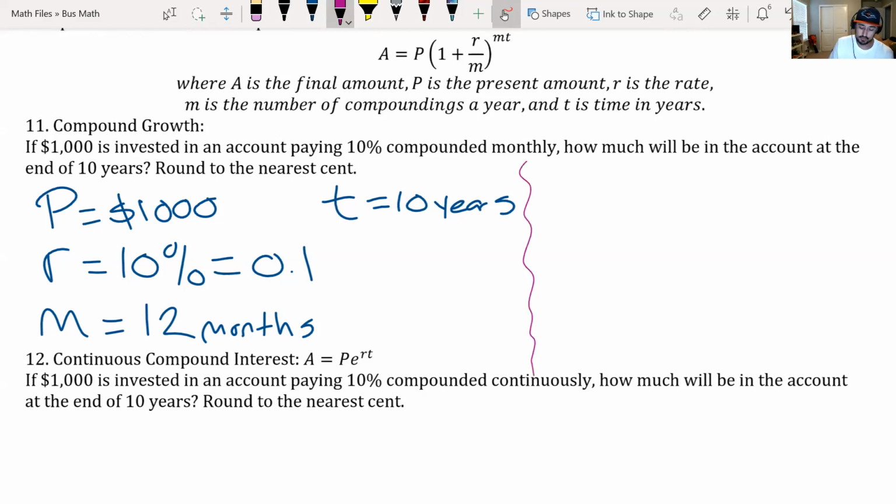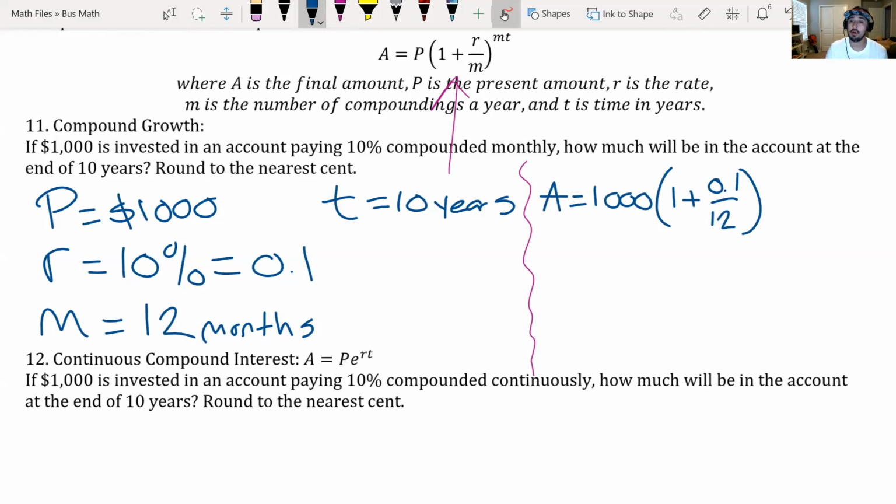All right, so now let's plug it into the formula above. We are going to get A equals the present amount, which is $1,000, times 1 plus my rate of 0.01 over my compoundings of 12.